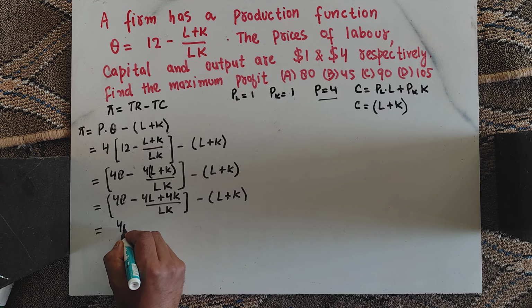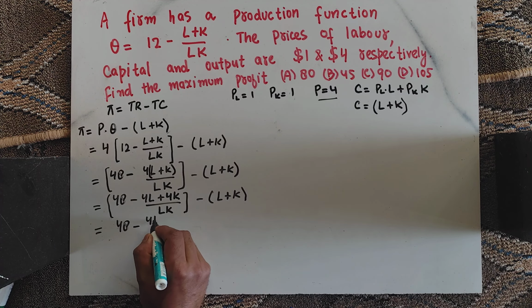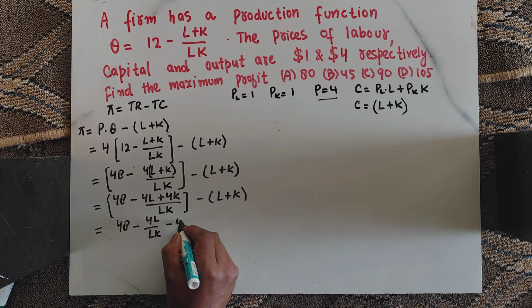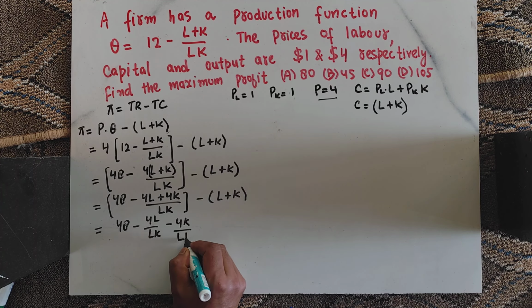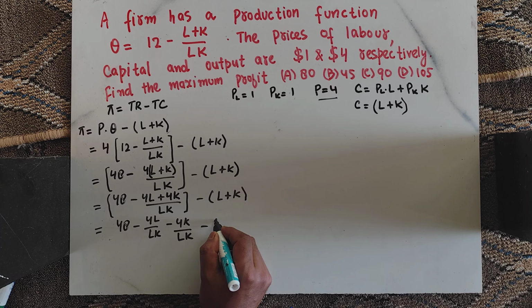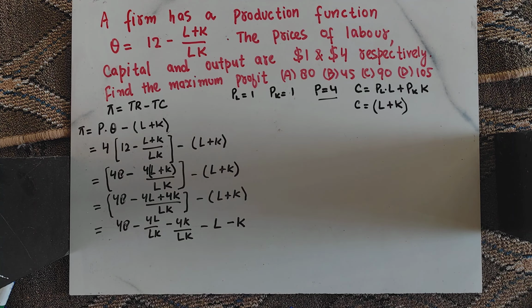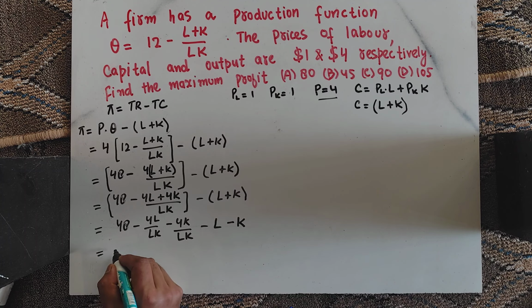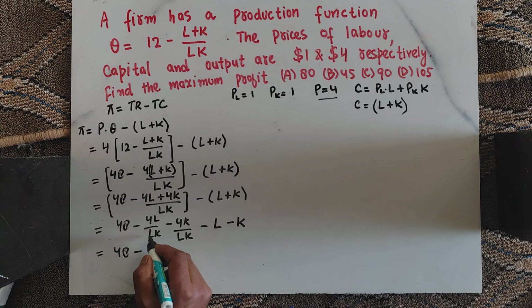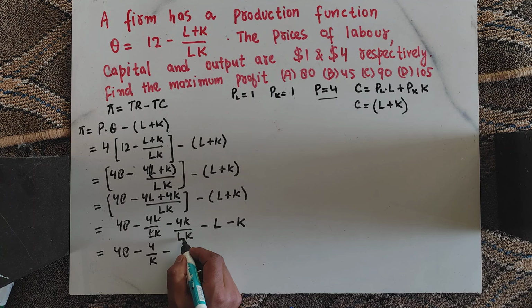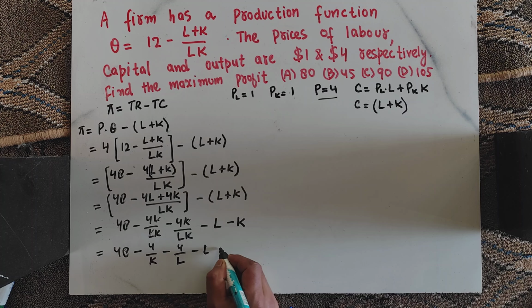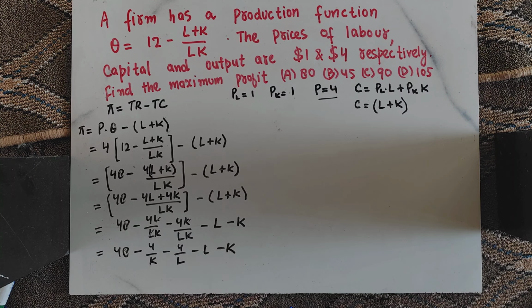Solving further, we get 48 - 4L/LK - 4K/LK - L - K. Here L gets cancelled and we are left with 4/K, and K gets cancelled and we are left with 4/L.